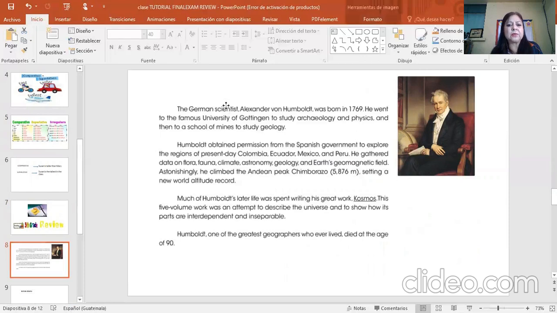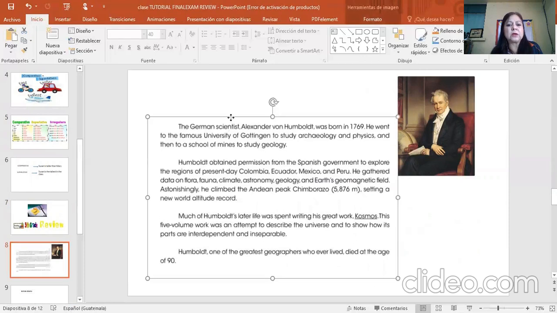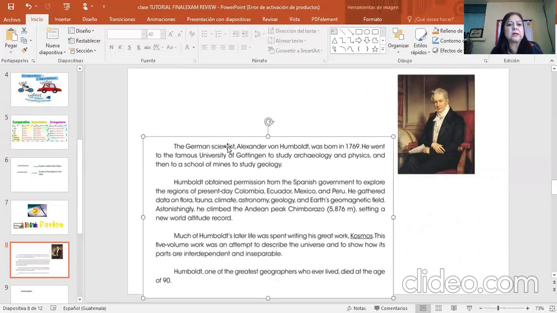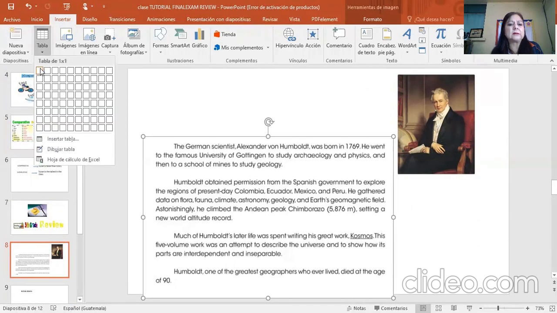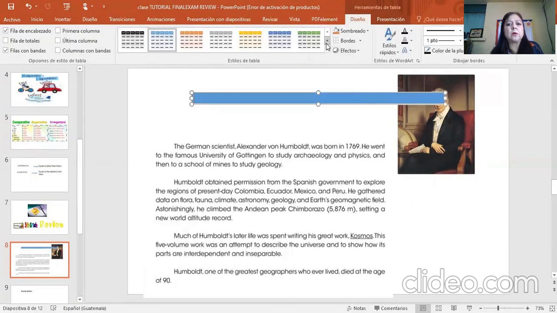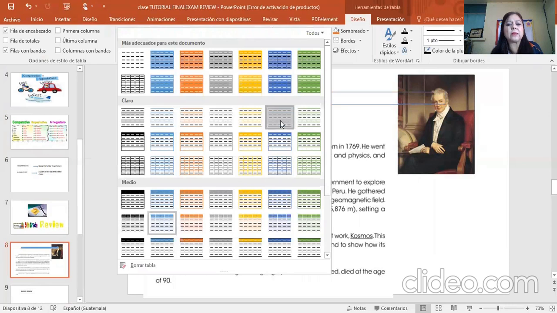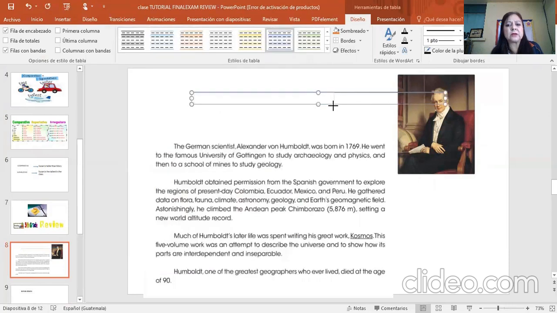I'm going to review this reading that you already read in class, as you can remember. So let me write the name here: Alexander von Humboldt. Very good.